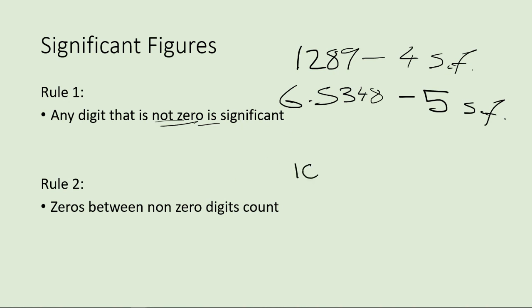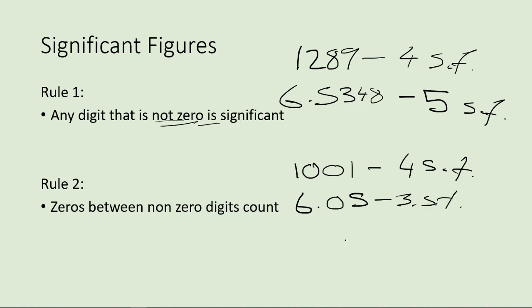So 1,001, the zeros are between 2 non-zero digits, and so that has 4 significant figures. 6.05, again, 0 between the 2 non-zero digits, 3 significant figures. So these are our first 2 rules. Any non-zero digit is significant, and zeros between non-zero digits are significant.